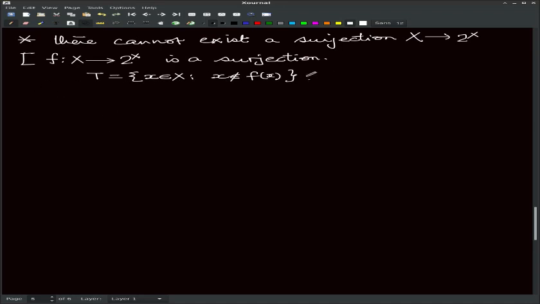But since you have told me that this is a surjection, this is f of t for some t, then t belongs to t if and only if t doesn't belong to t. So that's the same. That's a simple way. It is usually called Cantor's diagonalization principle, because it's essentially the same.